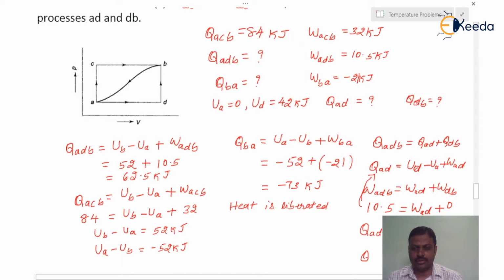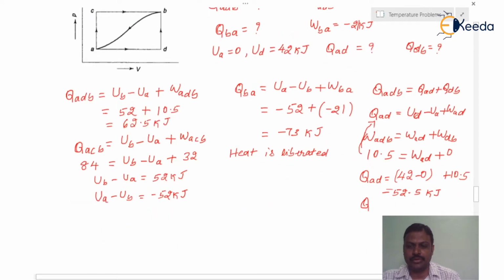Then we have QADB equal to QAD plus QDB. So we have QADB that is 62.5 kilojoules. So it is 62.5 equal to QAD, which is 52.5, plus QDB.